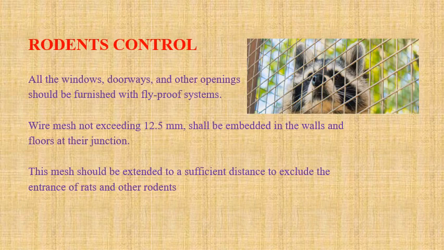Wire mesh not exceeding 12.5 mm shall be embedded in the walls and floors at their junction. This mesh should be extended to a sufficient distance or height to exclude the entrance of rats and other rodents. So these are some of the measures to prevent the entry, and moreover there should be very fine mesh to prevent the entry of other flies, insects, etc.